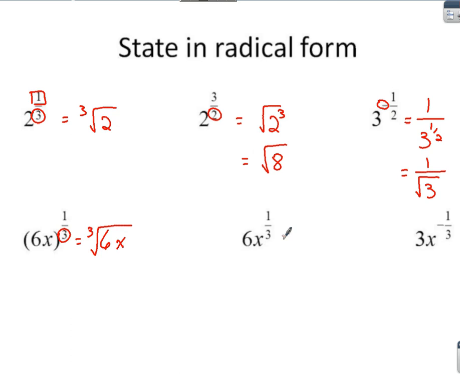Now how this next one differs, here I've got 6 times x to the 1/3. That 1/3 power is only being applied to the x in this case. So I would have a cube root of x, and since that's being multiplied to 6 in the first place, the 6 would stay on the outside of the root. So 6 cube root of x would result.